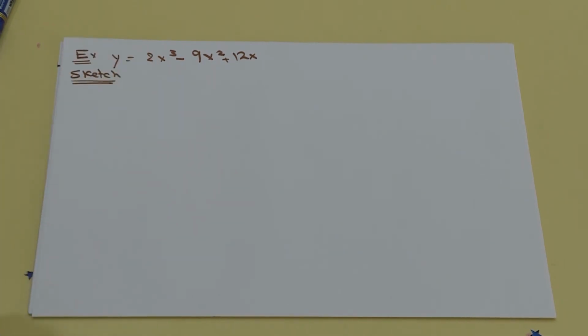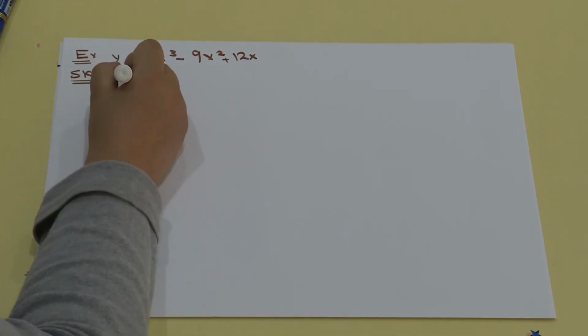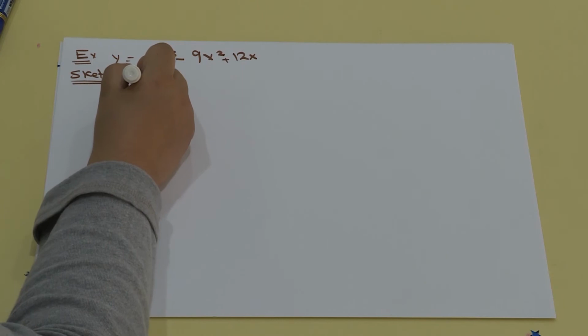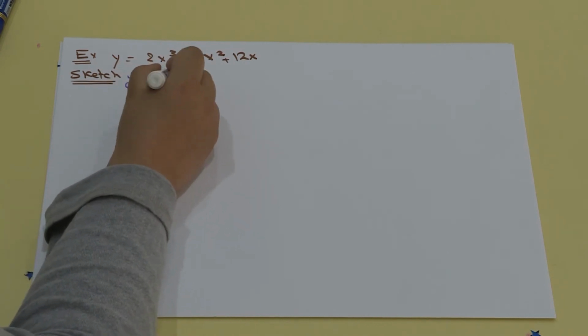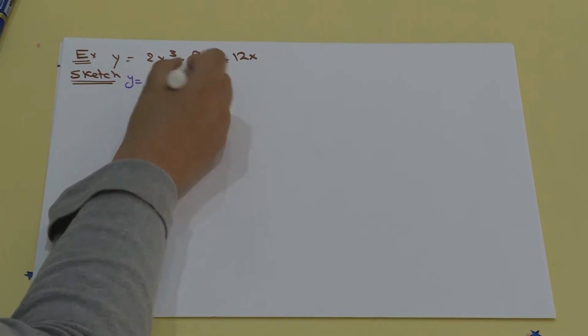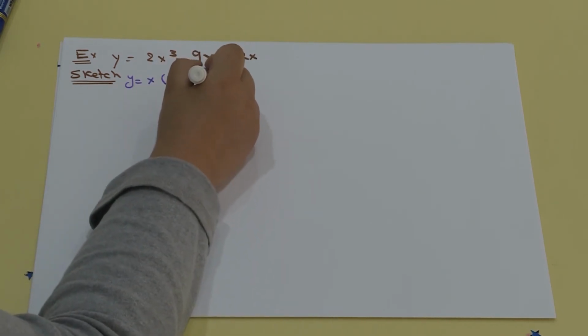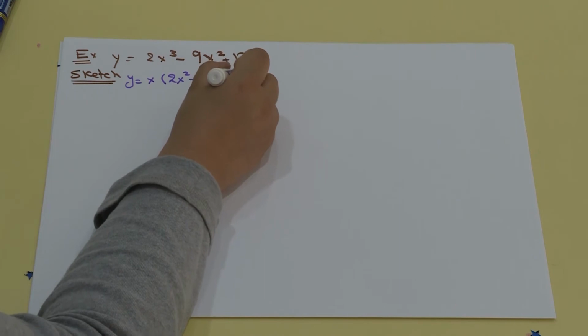As we know, to sketch, the first step is to find the x and the y intercepts. So let me rewrite this as y equals, I'll take x as a common factor, and here I will have 2x squared minus 9x plus 12.